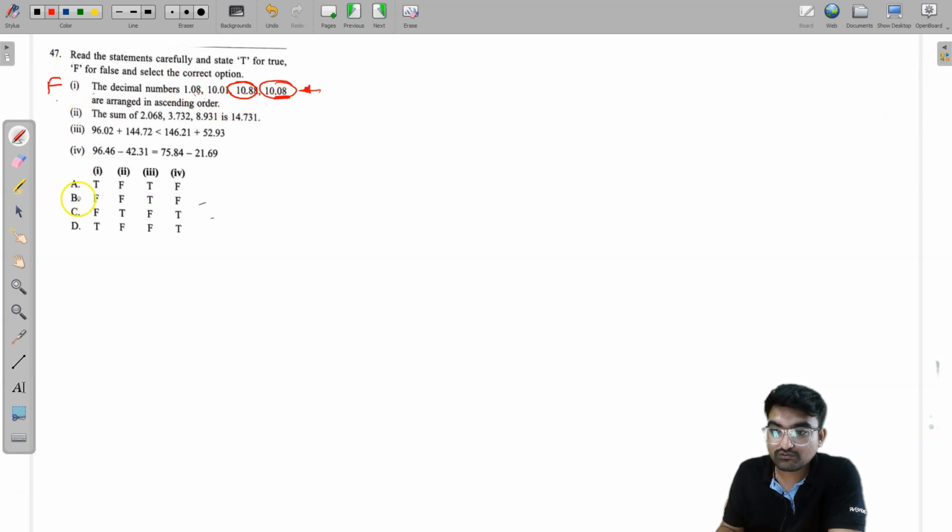So first is false. So just by looking at the options, I can say that A and D are not correct at all, right? Now the sum of these three numbers is 14.731, correct? Now let's just check. 2.068, 3.732, 8.931.